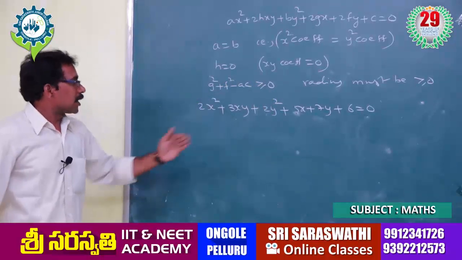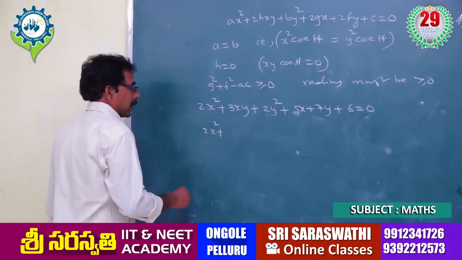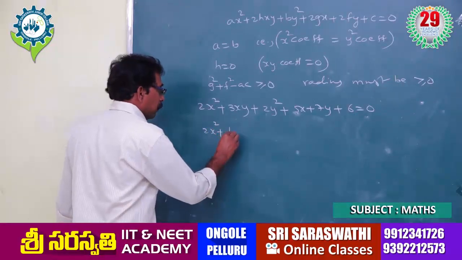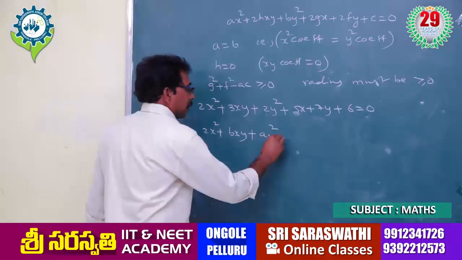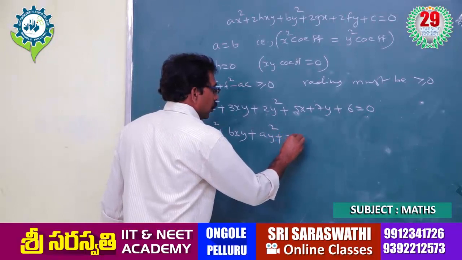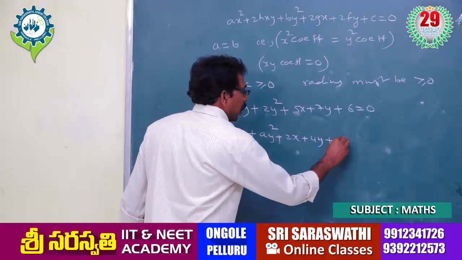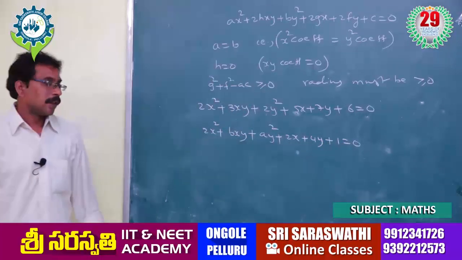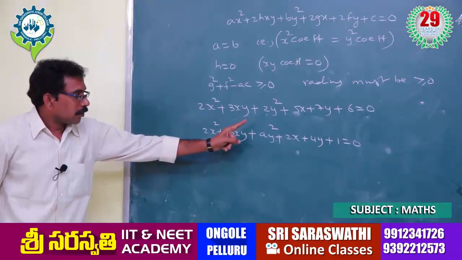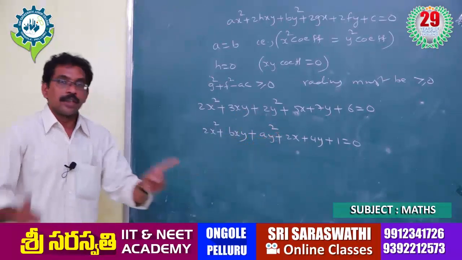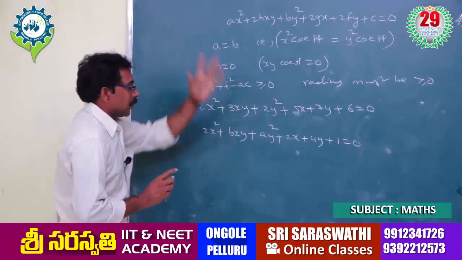And for example, 2x square plus bxy plus ay square plus 2x plus 4y plus 1 is equal to 0. This equation becomes a circle if the x square coefficient is equal to the y square coefficient.